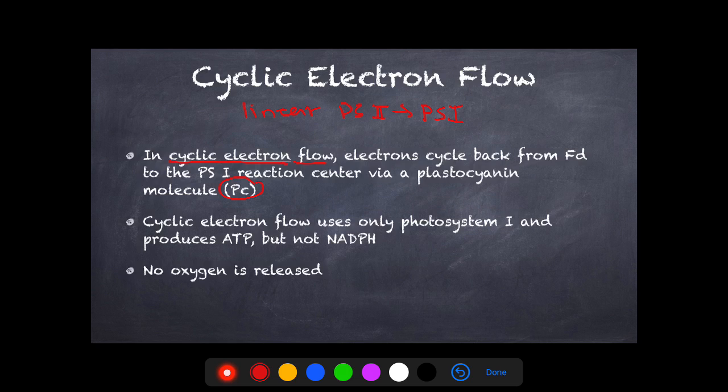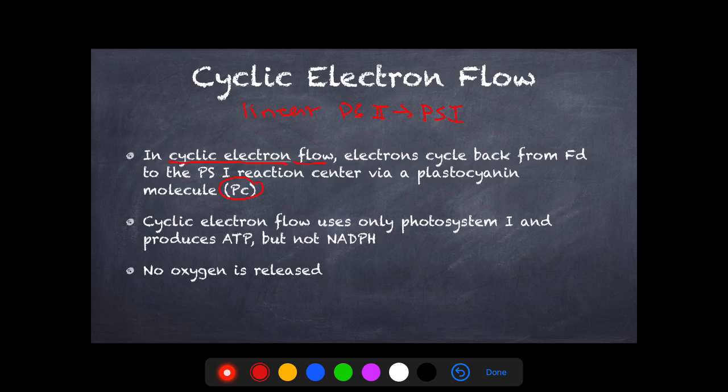In cyclic, you're going to go the opposite pretty much. In cyclic, electron flow uses only photosystem 1 mainly. So photosystem 2 isn't really going to be a part of it. But it's going to make ATP, which is also needed for the Calvin cycle, and not NADPH.